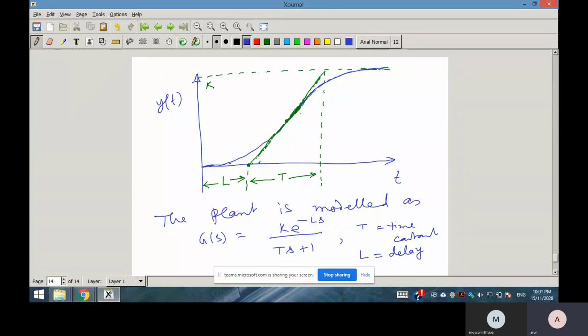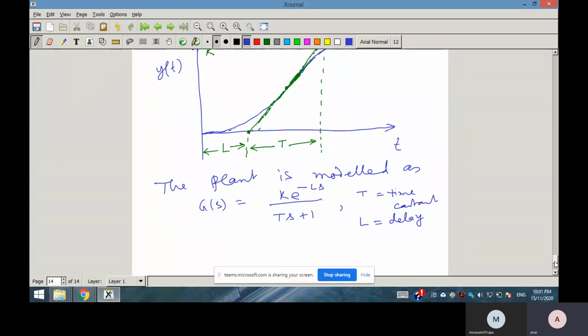So this is the first order time delayed model, and K is the steady state value.